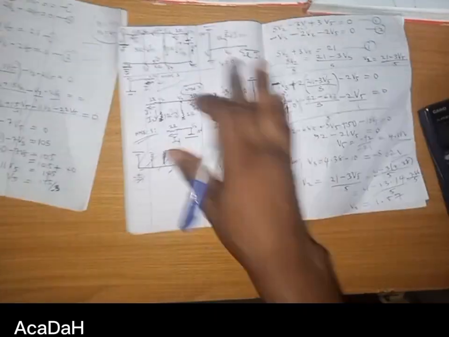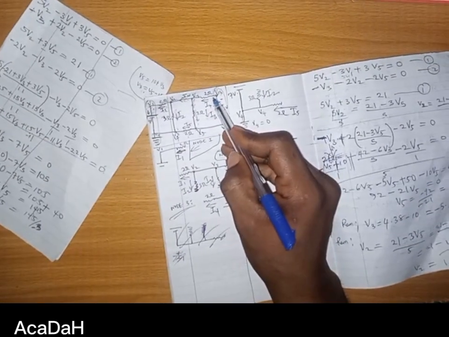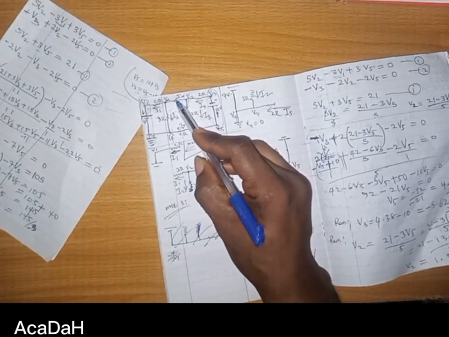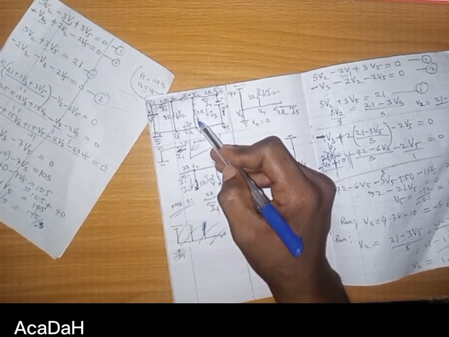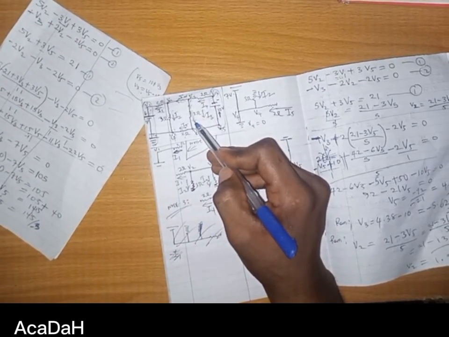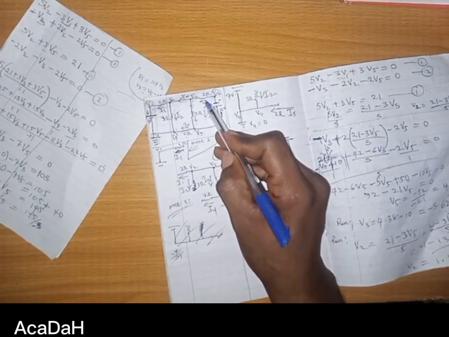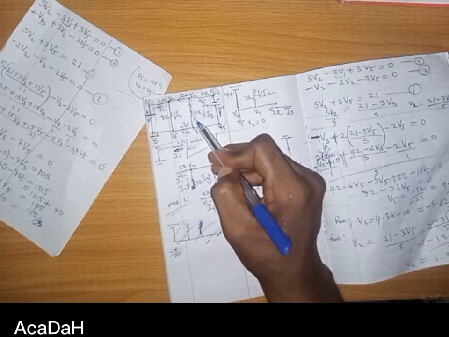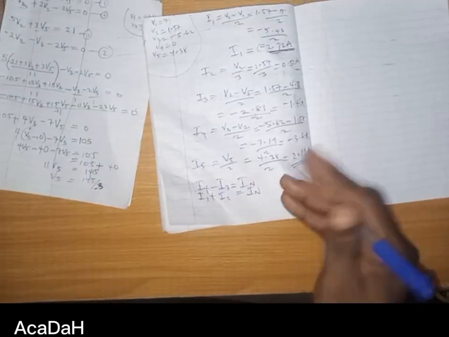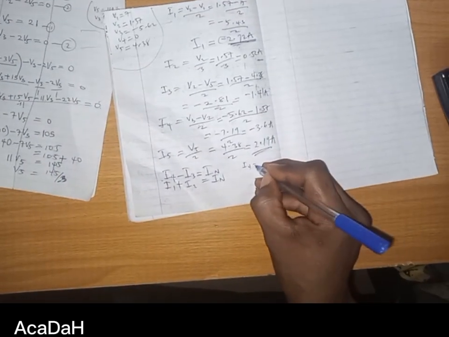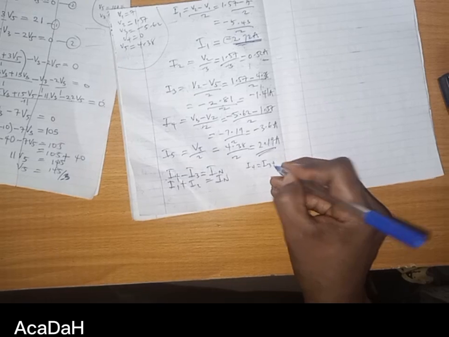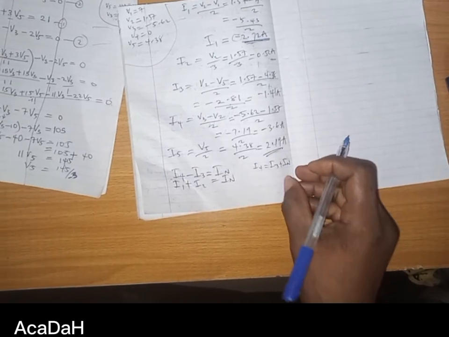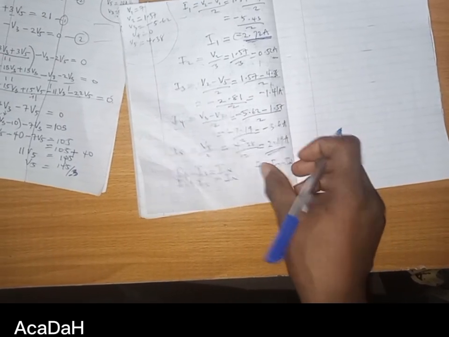So if you use the same Kirchhoff's principle, you can also say that coming here, IN is leaving, I3 is leaving, and I4 is the only one entering. So I4 is equal to IN plus I3. Naturally I4 is equal to I3 plus IN, but if we don't know IN, it simply means IN will be equal to I4 minus I3.